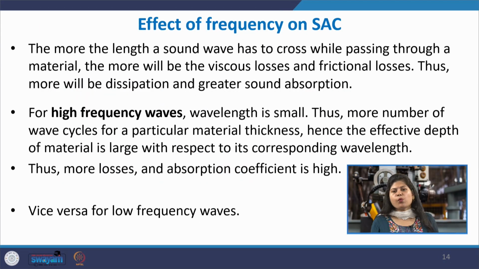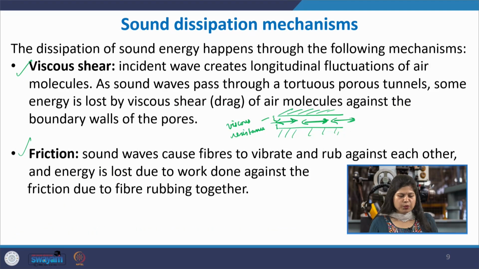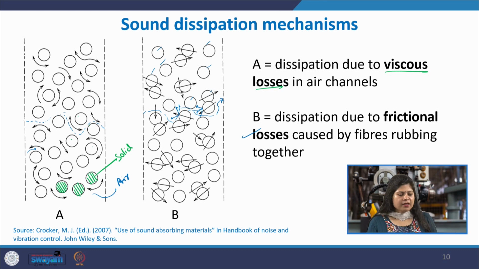So, why does this happen? Why are we observing a low sound absorption coefficient at low frequencies? Here you can think of it this way: whatever sound dissipation phenomenon we observed, viscous shear, friction and all of that. The more a sound wave is made to pass through, the more resistance happens.